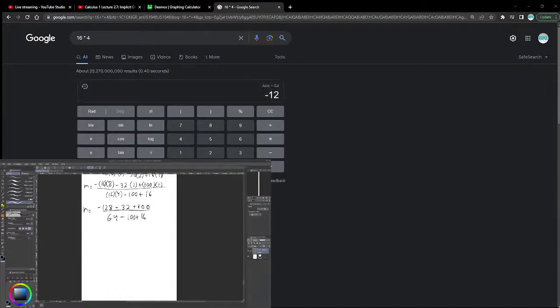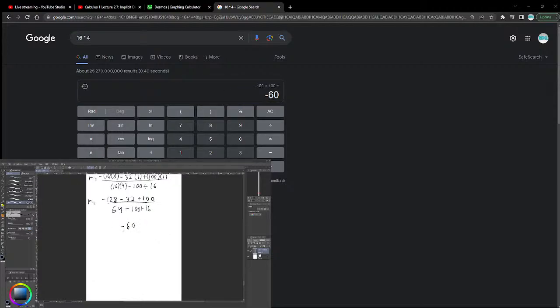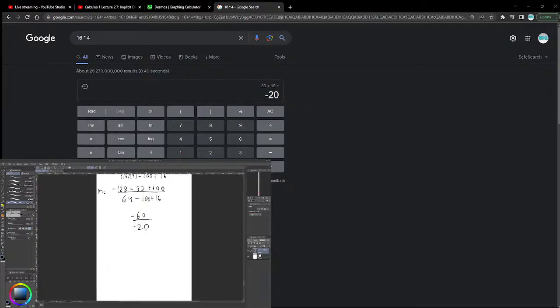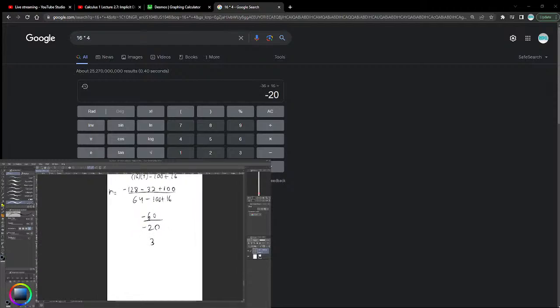I'm being very safe, I'm not trusting my brain right now, only the calculator. Negative 128 minus 32 plus 100 is negative 60. 64 minus 100 plus 16 is negative 20. Okay, this is looking good. It's a clean answer: 3.